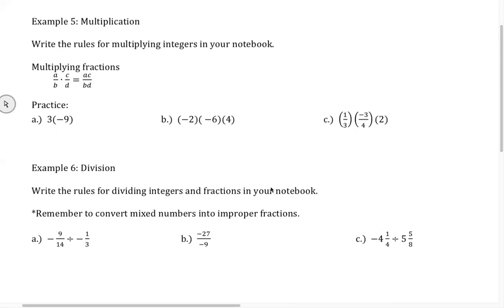So 3 times -9 is what, Owen? -27. Perfect. Marcus, do you happen to know what -2 times -6 times 4 is?